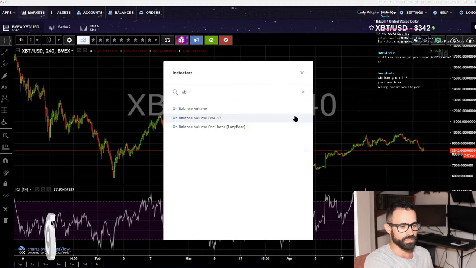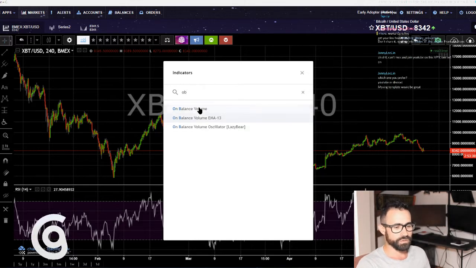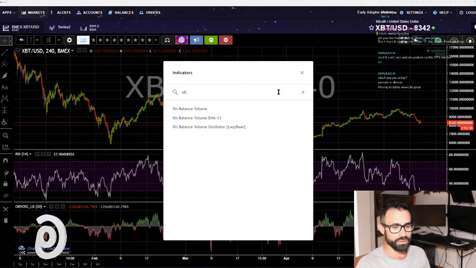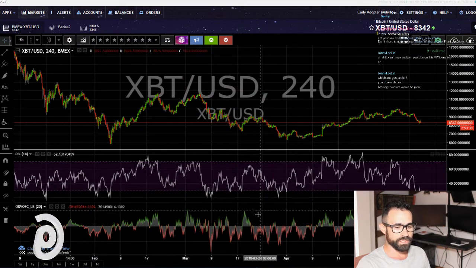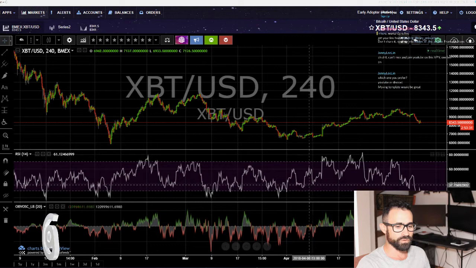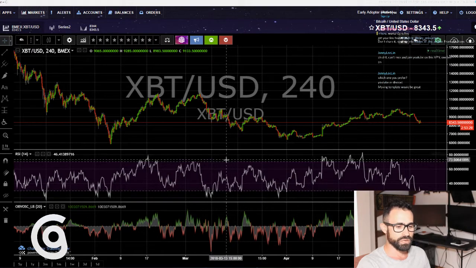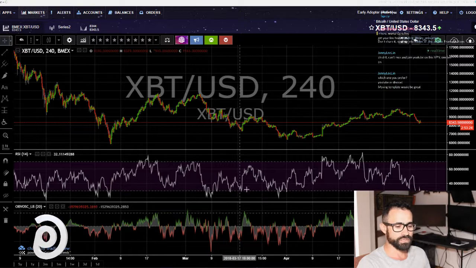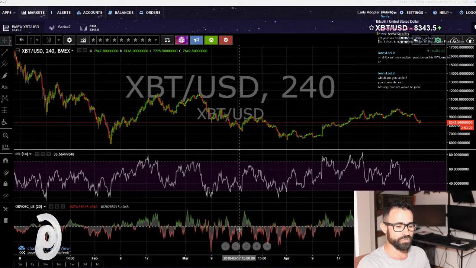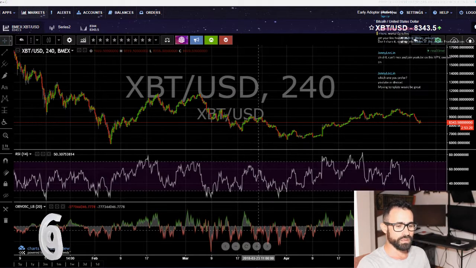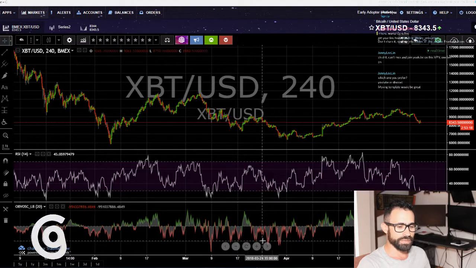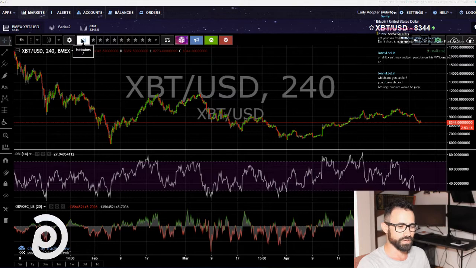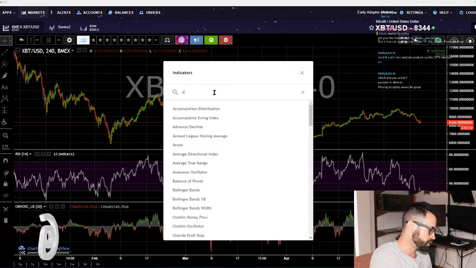If you type in OBV, you get the on-balance volume and the on-balance volume oscillator, and that one is going to be like a net volume essentially, but it's not just green bars up and red bars up. It's going to be green bars up, and based on the net volume for that period, you'll see the negative go down instead of red bars pointing up. So add a regular volume, and we'll take it off.